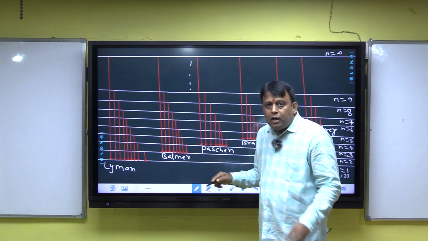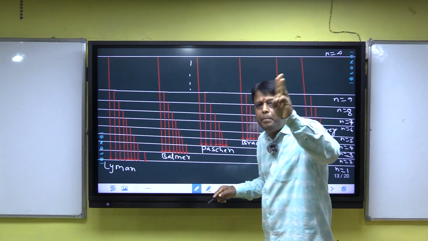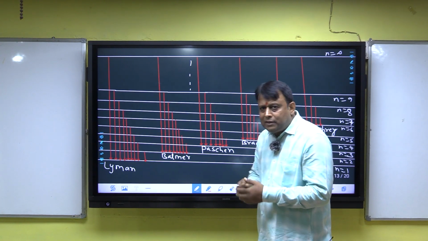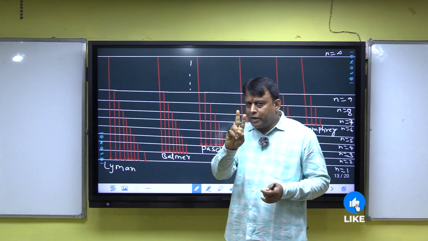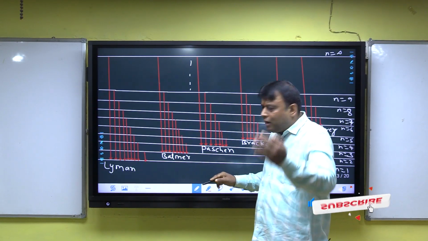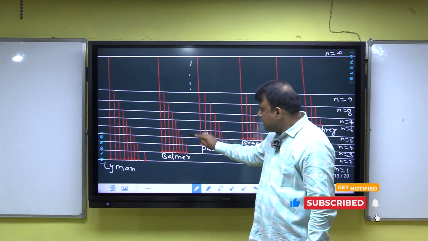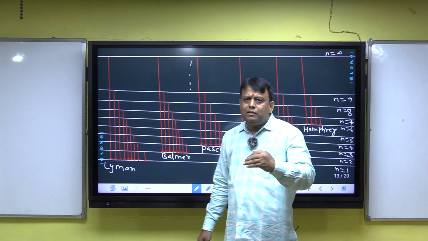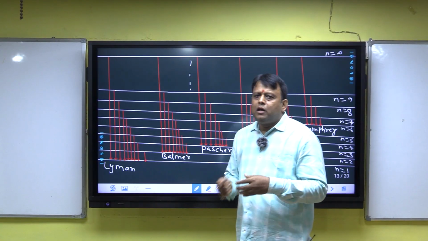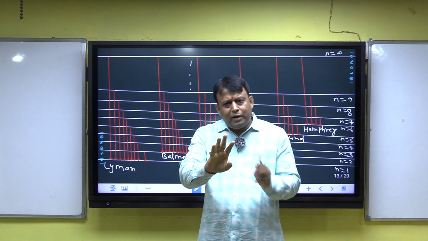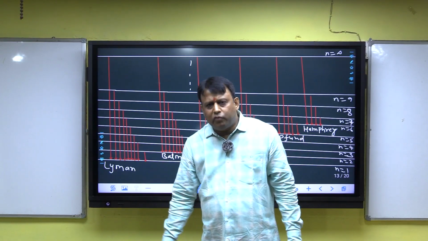If in a question, third line of Balmer series, n1 is 2 and it is fixed. The first line comes from the third orbit, the second line from the fourth, and the third line of Balmer comes from the fifth orbit, so the answer will be n equal to 5.